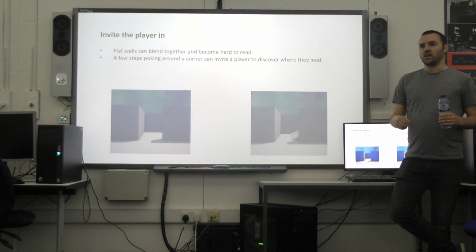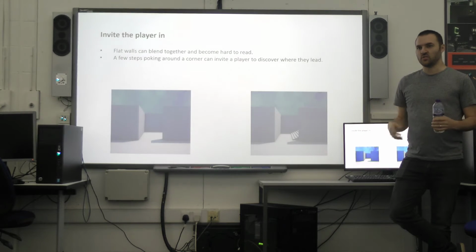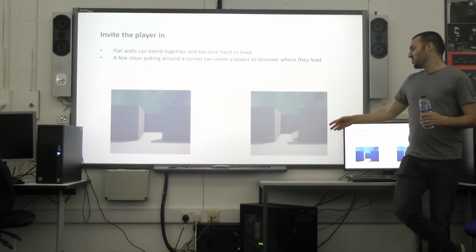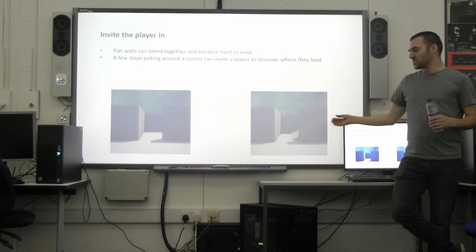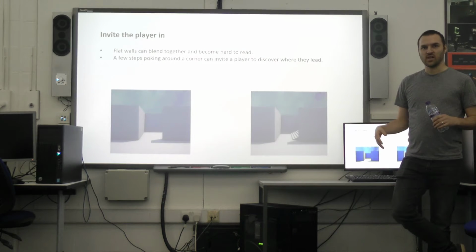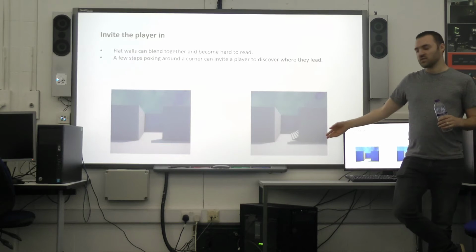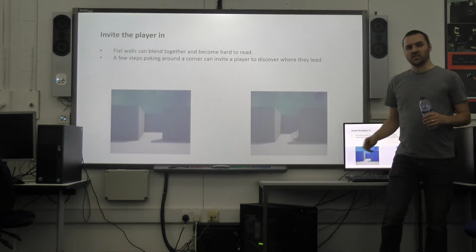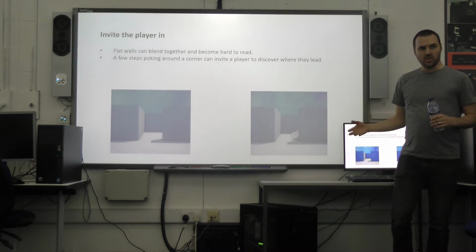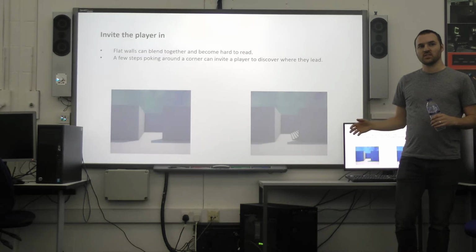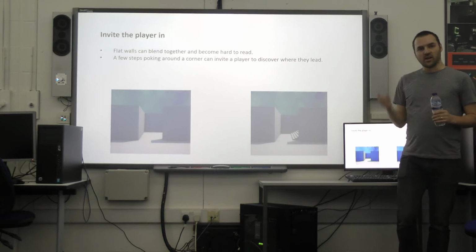A door affords opening and walking through, a window affords opening and walking through, stairs afford walking up. So you notice the stairs at the bottom because they're poking out too far, which if you were an architect would be quite bad because people might trip over this. But as a game designer, it's actually quite good because it shows the player the stairs really clearly. And you're like, stairs lead somewhere, so I'll go along there.